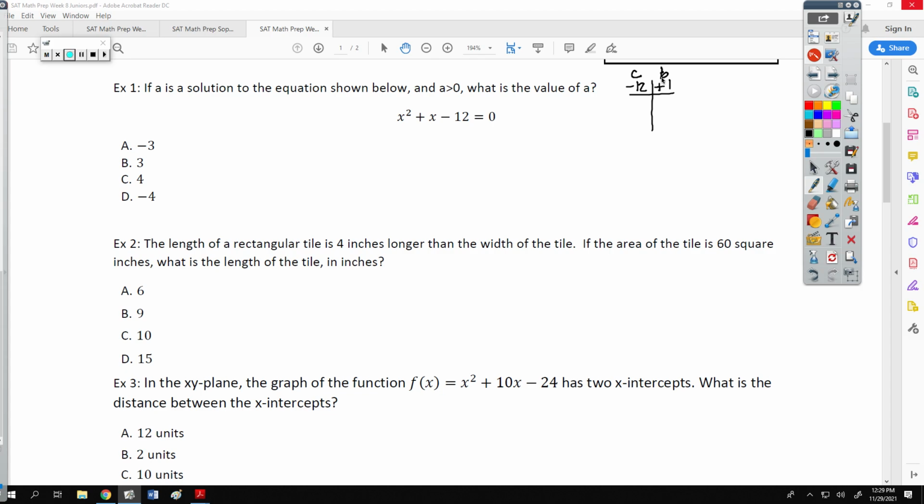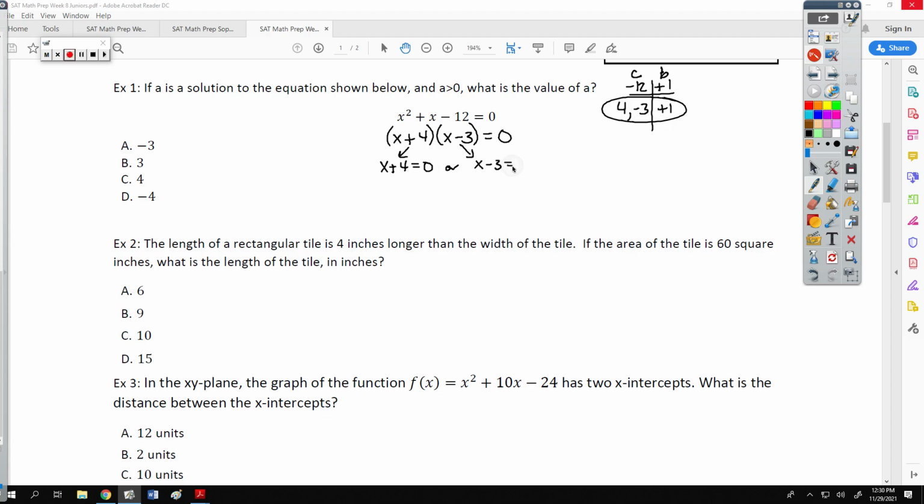So if we look at our options, there's only one set of numbers that multiplies to negative 12 and adds to positive 1. That is positive 4 and negative 3. So this trinomial factors into x plus 4 and x minus 3. The zero factor theorem then states that one of those two factors has to equal 0.